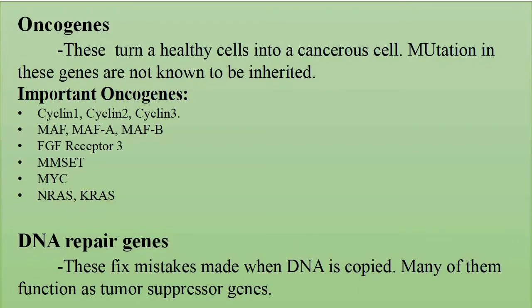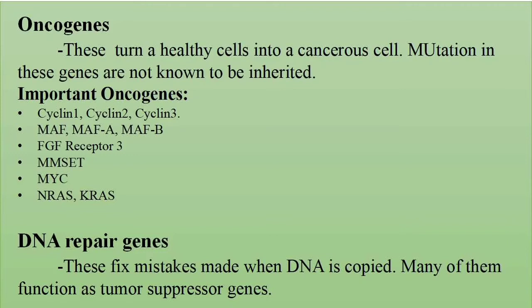Next are the oncogenes. Oncogenes turn healthy cells into cancerous cells. Mutations in these genes are not known to be inherited. Oncogenes are genes that are oncogenic, that cause cancer. One of the most famous oncogenes is MYC. It turns out to be a very important oncogene in multiple myeloma. It is one that is so serious about the progression from benign disease to multiple myeloma cancer.